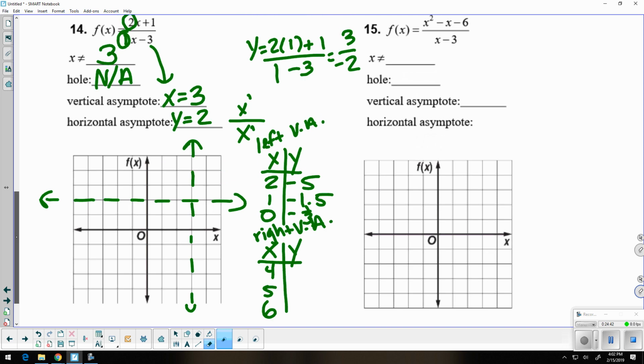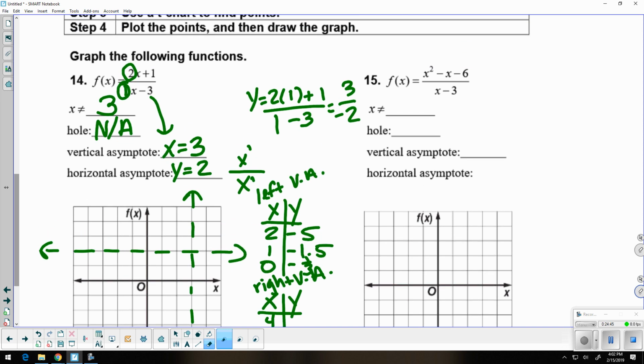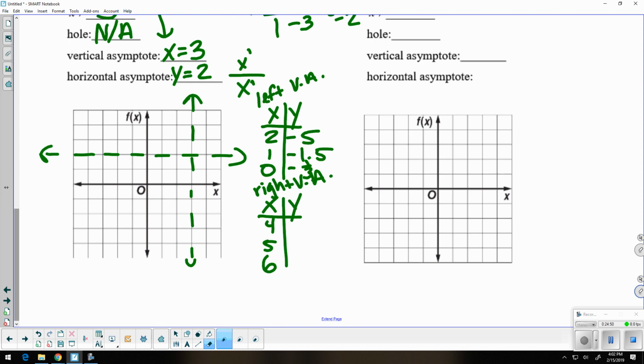If I plug in 4 for x, I'd have 2 times 4, which is 8, plus 1 is 9. 4 minus 3 is 1, so I have 9 over 1, which is 9. With 5 for x, we have 2 times 5 is 10, plus 1 is 11, and 5 minus 3 is 2, so we get 11 over 2, which is about 5.5. Plugging in 6 for x, we get 12 plus 1, that's 13, and 6 minus 3 is 3, so we get 13 over 3, which is about 4.3 repeating.